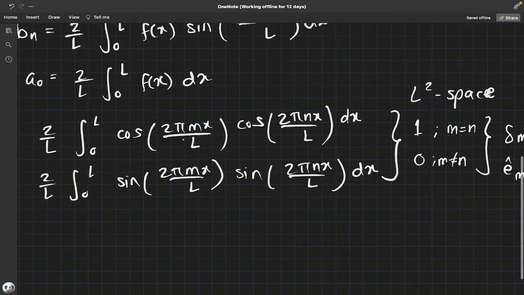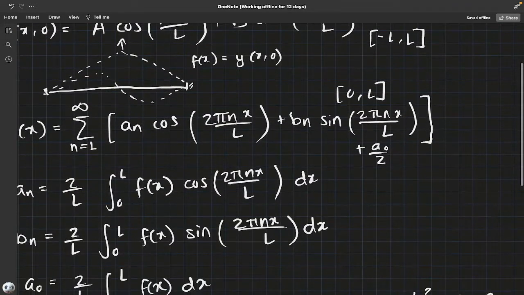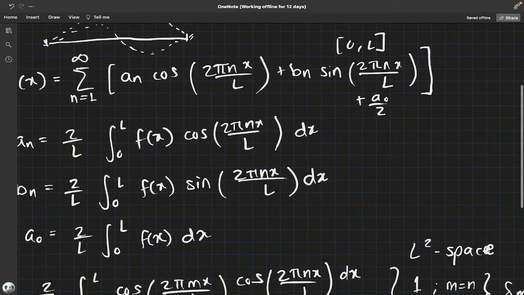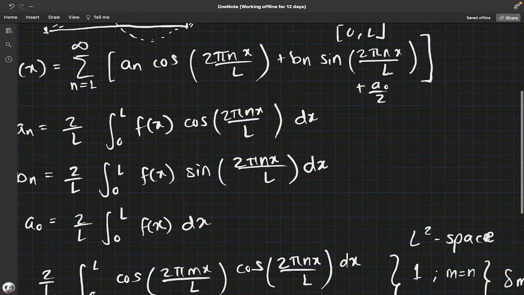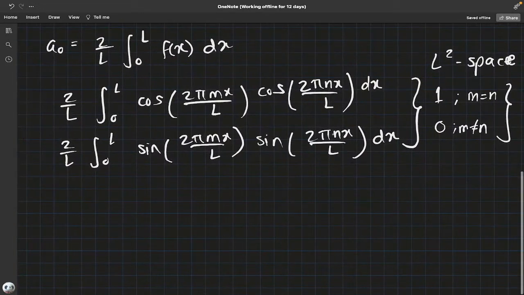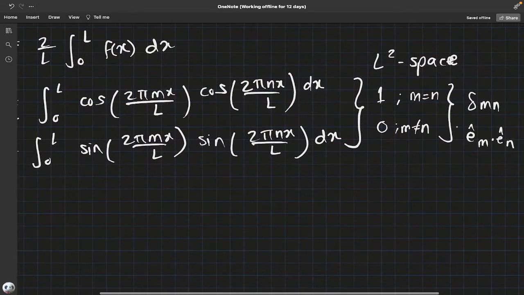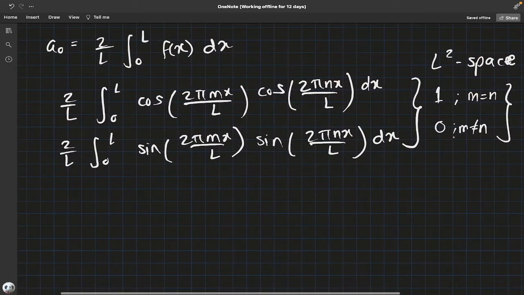Every function of this form with the n in it, so cosine of 2 pi nx over L is one basis vector, sine of 2 pi nx over L is another basis vector, but since n is going from 1 to infinity, there's an infinite number of these. That's why it's an infinite dimensional space. I'm just trying to connect this with linear algebra as much as I can because that's the most efficient way of dealing with these problems.